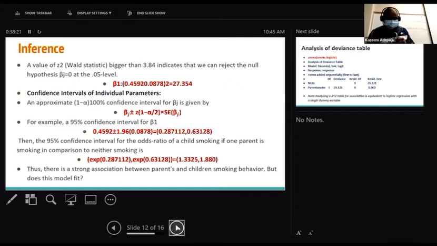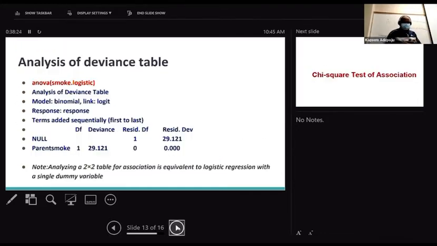Now, the next thing is you want to see the performance of the model by conducting what we call the analysis of deviance. All you're going to do is run ANOVA on that very model and look at the p-value. You know what you are trying to do here? You are comparing this model with nothing.